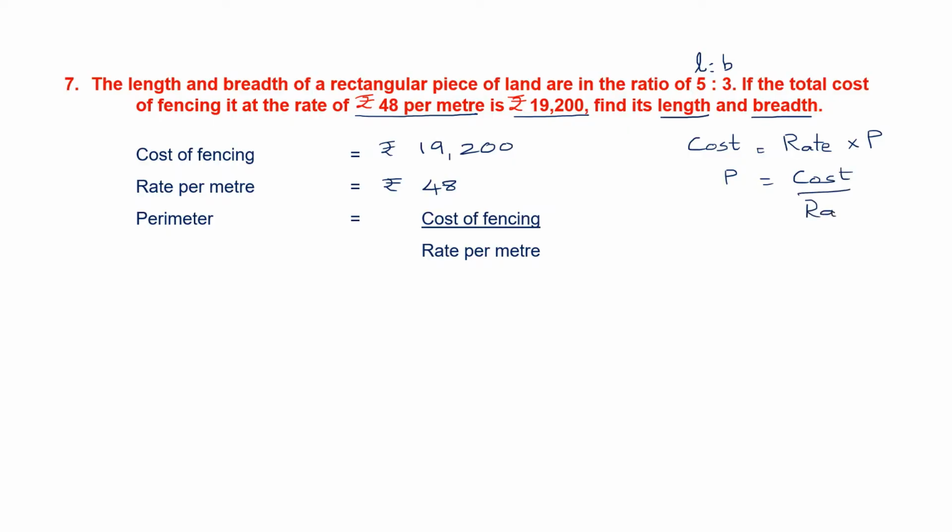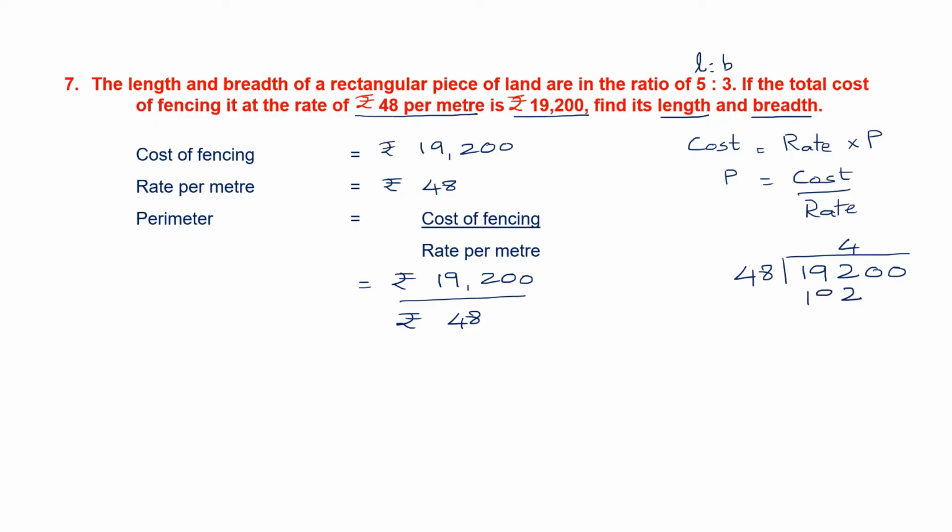So, that is all that we have written here. Now cost of fencing given to us is 19,200 rupees, and the rate per meter is 48 rupees. So that means we have to divide 19,200 by 48. So let's do that division. 48 into 192. 4 eights are 32, carry 3, 4 fours are 16, 17, 18, 19.